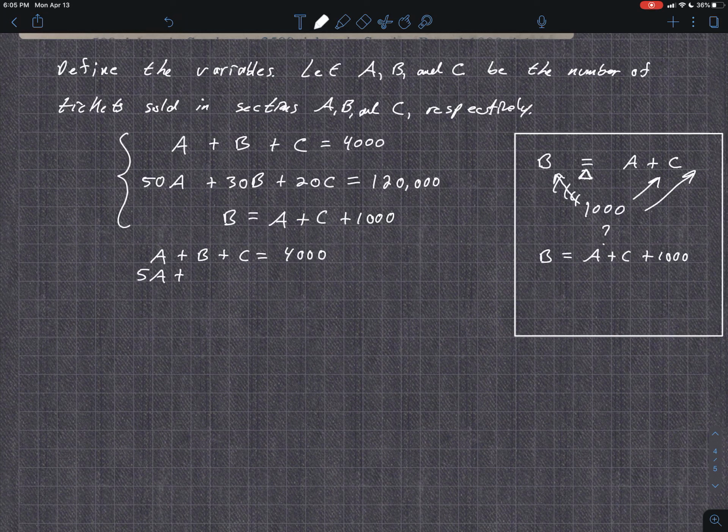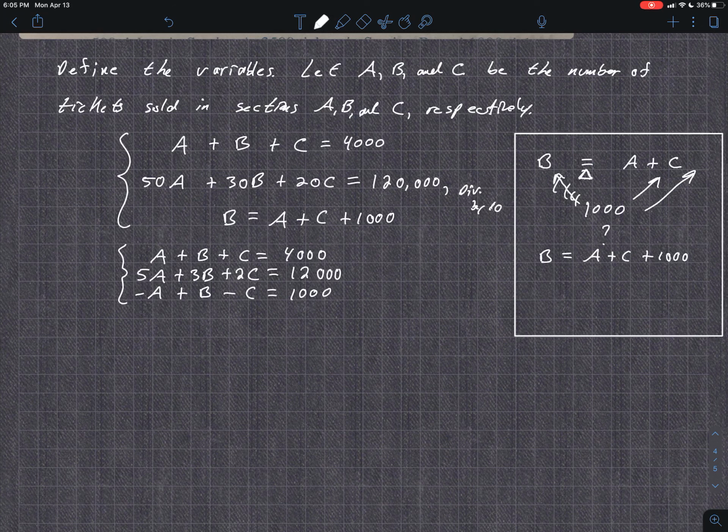So 5A plus 3B plus 2C equal to 12,000. You can divide by 10 because there's a 10 in common. And then you need to bring over your A, so it's negative A plus B minus C equal to 1,000. All right, so that's the system you want to solve.